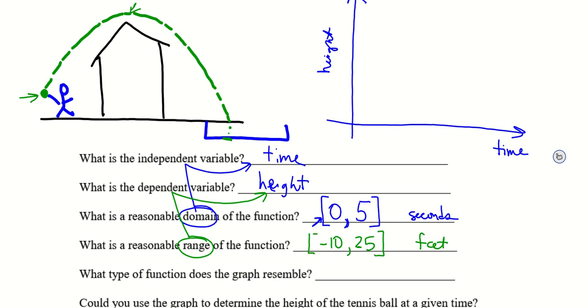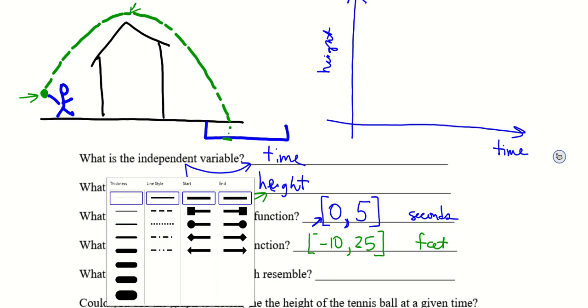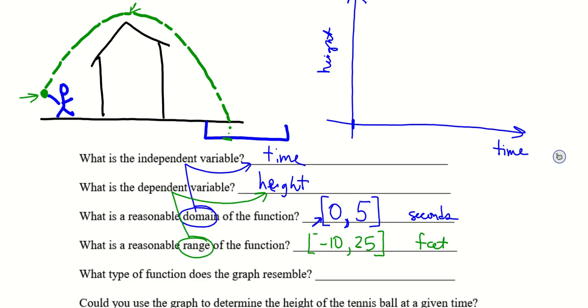So if we come back and think about our graph, we have times that are going from 0 to 1, 2, 3, 4, and 5. And we have heights that are reaching as high as 25 feet, so if I do this by tens, and as low as -10, so if I come down.